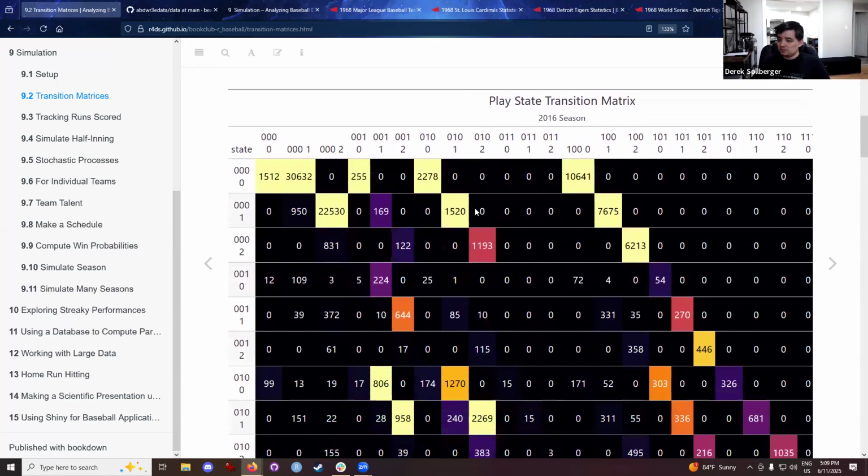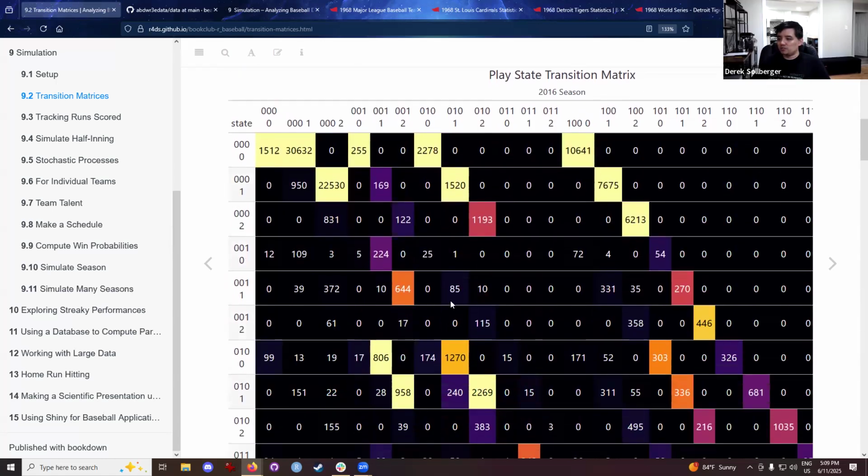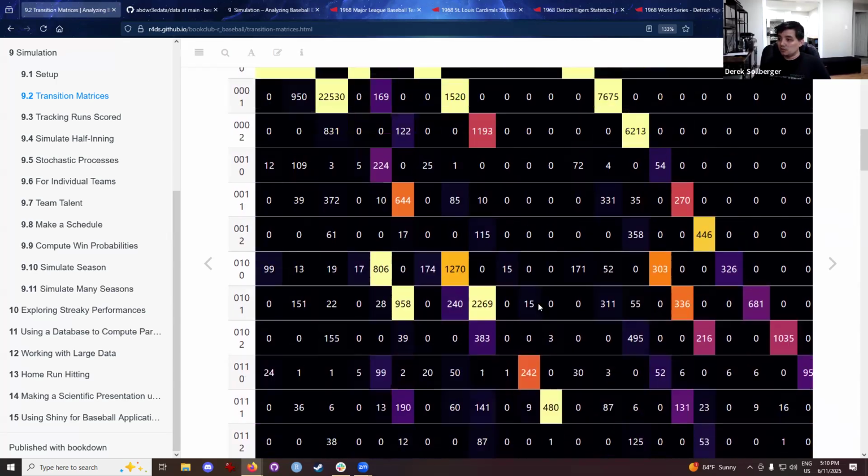At this point, I wanted to verify visually that this is working so far. It's too much to show on any one screen, but on the left-hand side, we have the old state. On the top of the columns, we have the new state. And you can see that there's kind of a diagonal-ish pattern for where the most common situations occur.